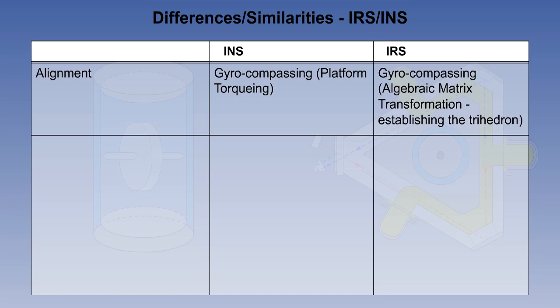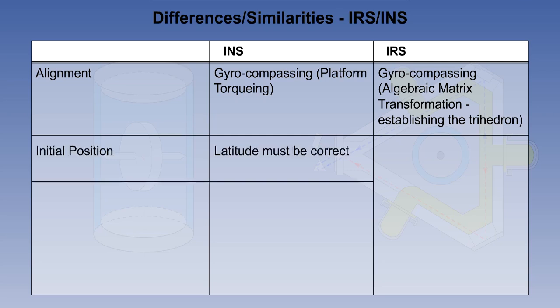It is alternatively known as establishing the trihedron. When entering initial position prior to alignment of INS, it is essential that the latitude is as correct as possible. Any error will degrade the accuracy of the alignment. However, longitude is not used, and longitude error does not affect alignment accuracy.